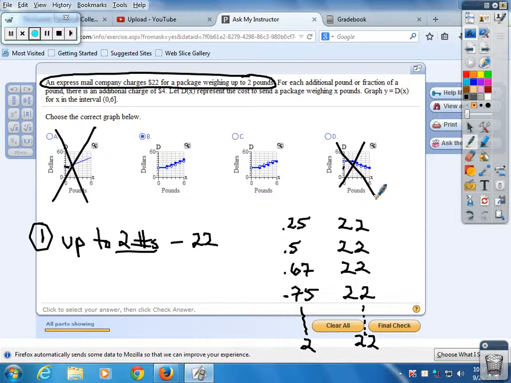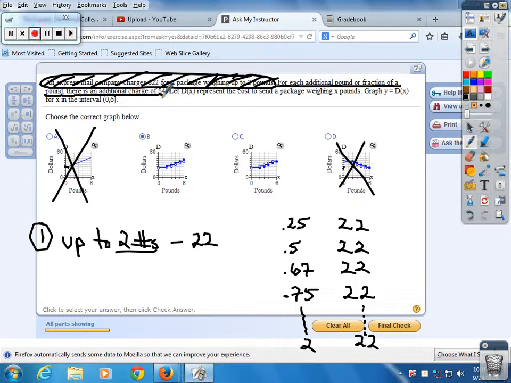All right, so let's think about what happens at 3 pounds or 2.01 pounds or whatever the case may be. So we're done with this. For each additional pound or fraction of a pound, there is an additional charge of $4.